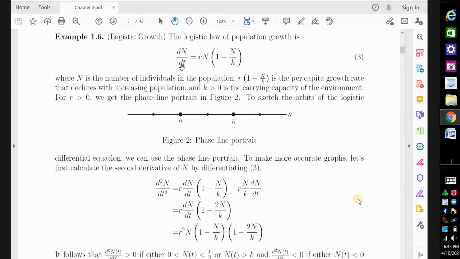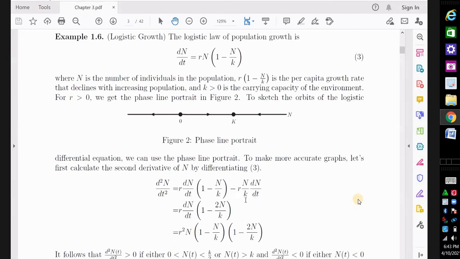Well, just differentiate this differential equation, so d2n by dt square is, just use the product rule to differentiate this. So this is r dn by dt into 1 minus n over k as it is, minus rn as it is, the derivative of 1 minus n over k is minus 1 over k dn by dt.